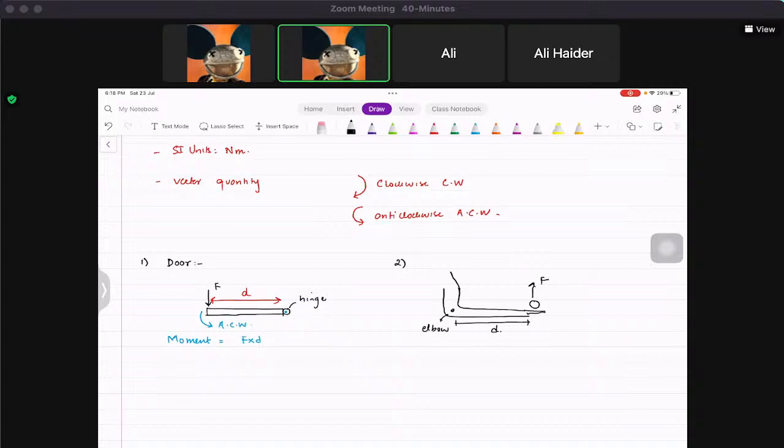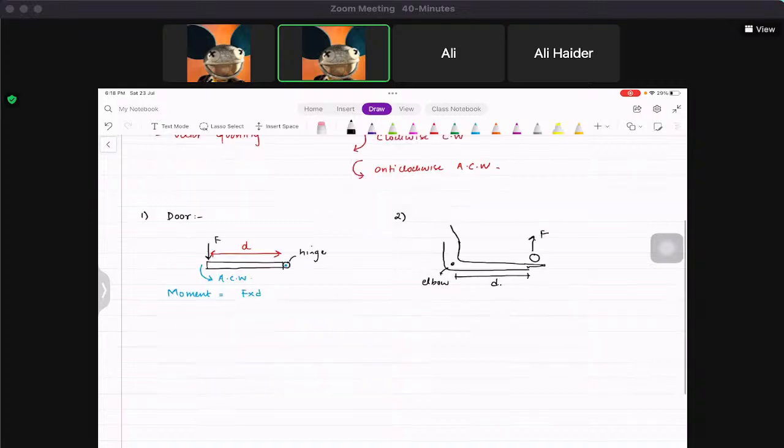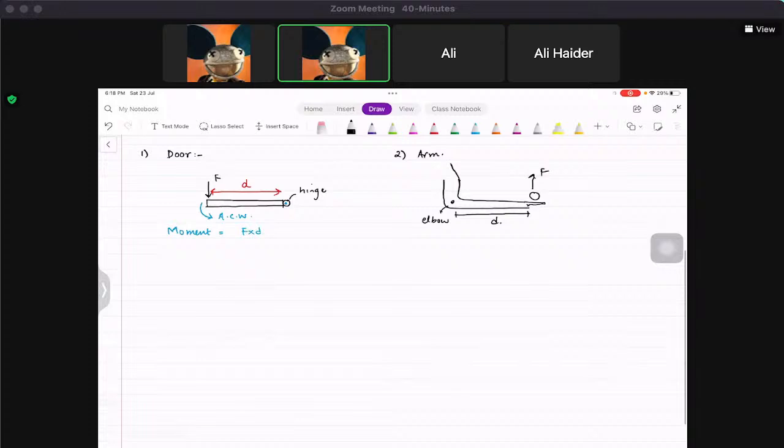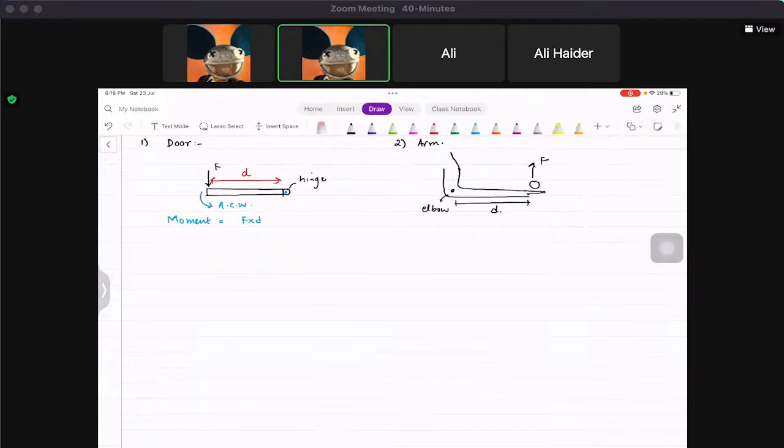Now what we need to understand is that, suppose we take the example of a door. This is the hinge, and there are a couple of forces which are given. A force from here, let's call this F1. A force from this point, let's call this F2. A force from here, which is F3.